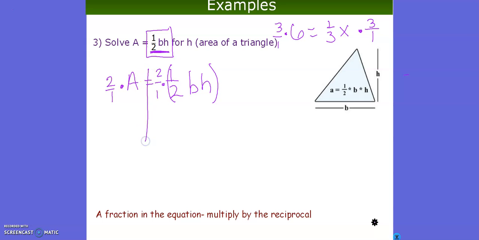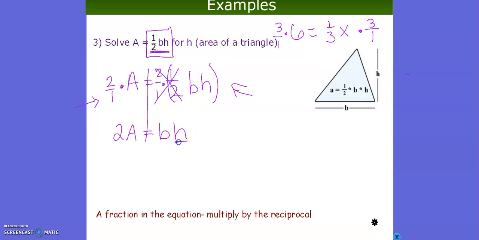I'm going to put my line down, my equal sign. 2/1 times A is just 2A equals. My 2/1 and my 1/2 cancel each other out because they're reciprocals. When you multiply them, they're equivalent to 1. And just like over here on the left side, we don't need the 1. We don't need the 1 over here either. So now we're left with b times h.